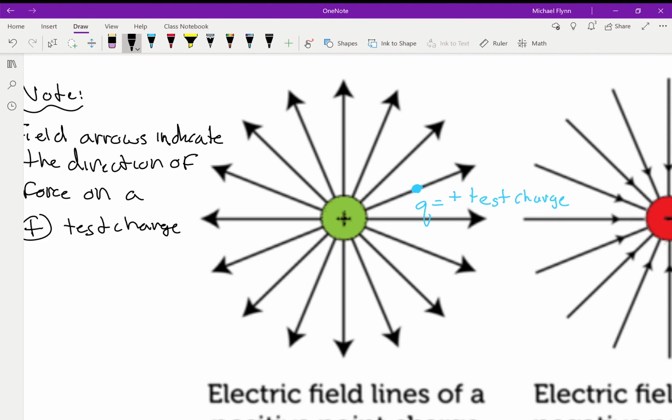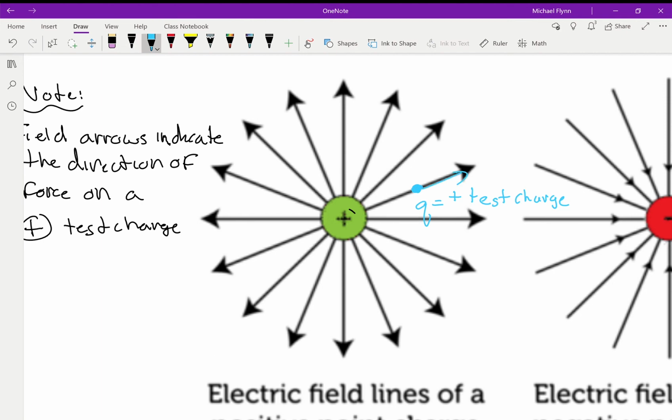So that's why this green sphere here in the center is not the test charge. Let's say it's the Van de Graaff ball, that thing that makes your hair stand up. Let's just pretend that's what that sphere represents. So this sphere is the charge that's generating the field, and you're testing it with charge Q. If I put it right here where that dot is, then charge Q is going to experience a force right along that line.